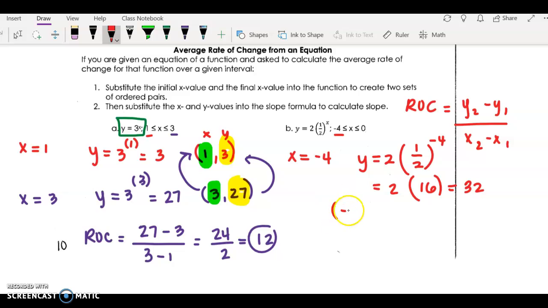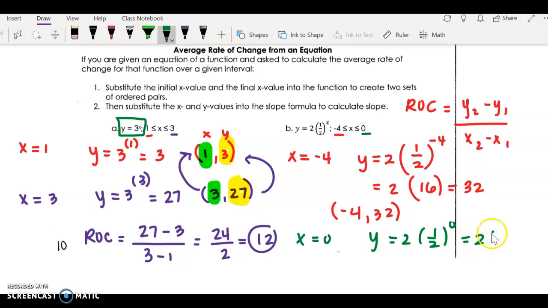So the point (-4, 32) is on our graph. Then our other x-coordinate is 0. So y equals 2 times (1/2) to the 0. Anything to the 0 power equals 1, so that gives us 2 times 1, which is 2. That one was a little bit easier.